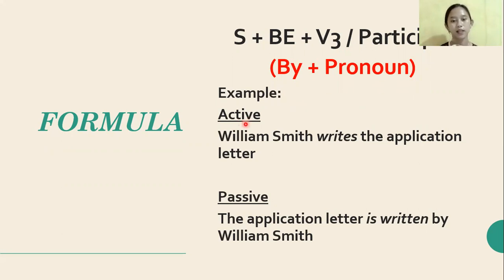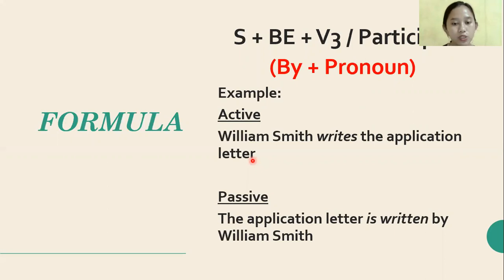For example, William Smith writes the application letter. This is the active sentence. And we want to write it in the passive form like this: the application letter is written by William Smith. Here William Smith is the subject or the doer of the action, and the action is write. The application letter is the object.